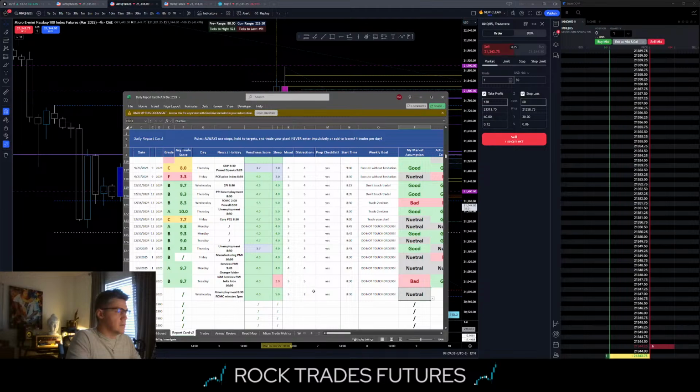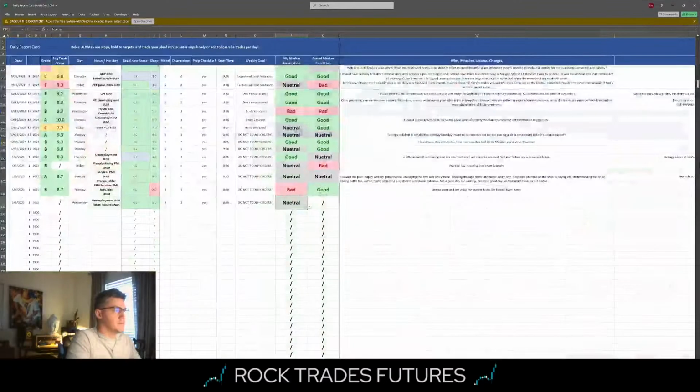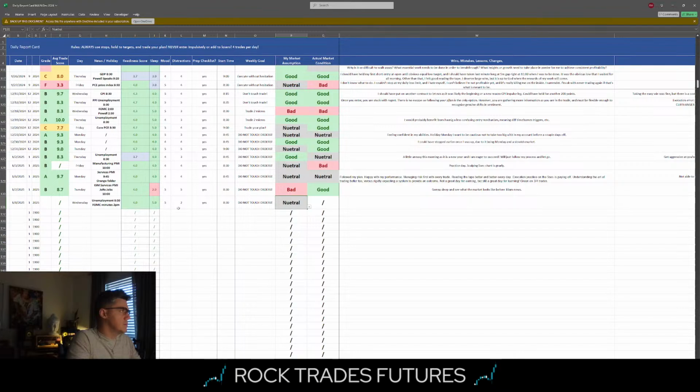You've got the date, day, news happening, this sleep score plus my mood, plus distractions for the day, plus whether or not I did my checklist that I just showed you. It's an average of these three, with the checklist having an outsized effect, whether I did or didn't do my checklist. That'll give me my readiness score.